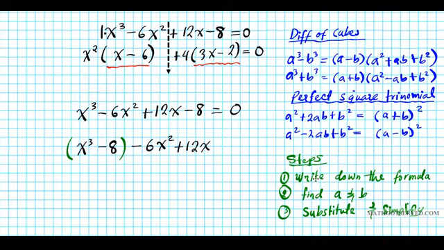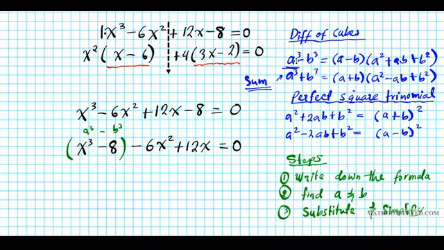So, first of all, we are to write down the formula. We are working with difference of cubes here. This is an equation setup, so the way I'm going to set this up will be slightly different. Since this is a minus, we're going to be using the difference of cubes formula. And this one right here is a sum of cubes. Okay, now the difference of cubes formula is a to the third minus b to the third.